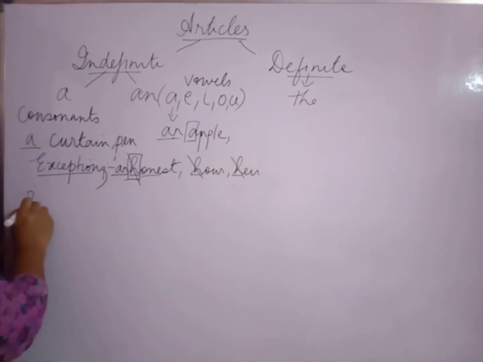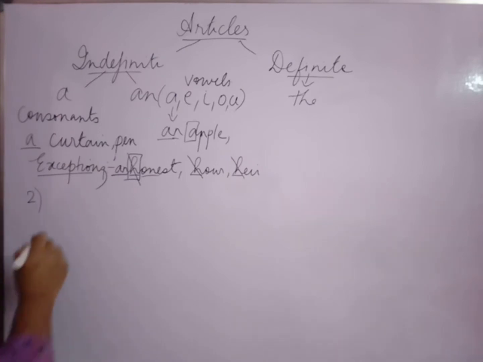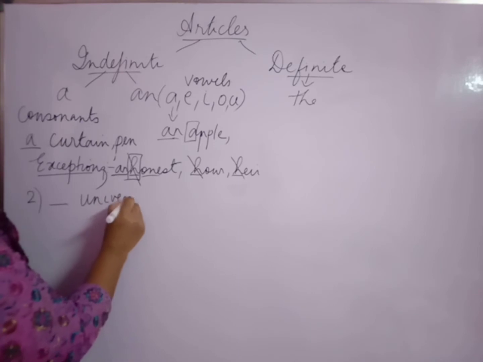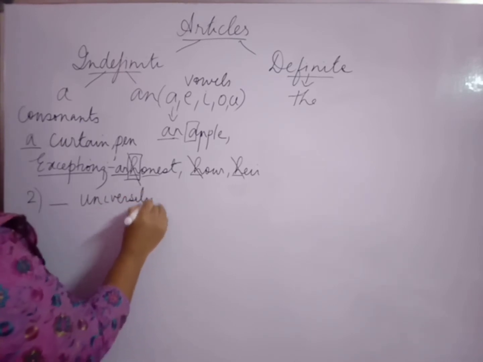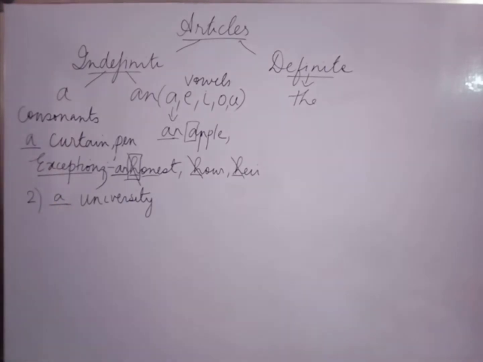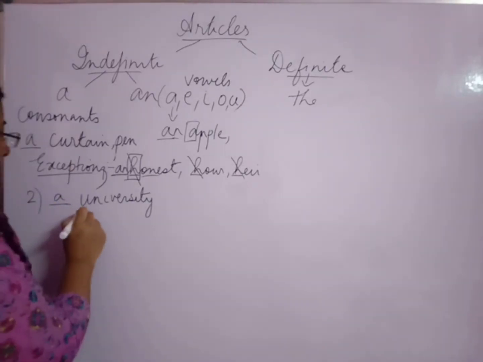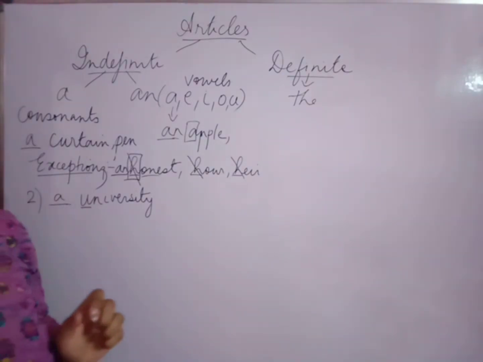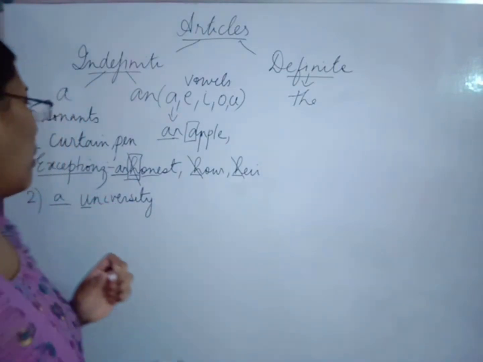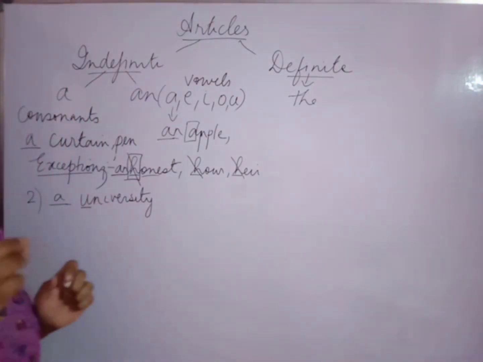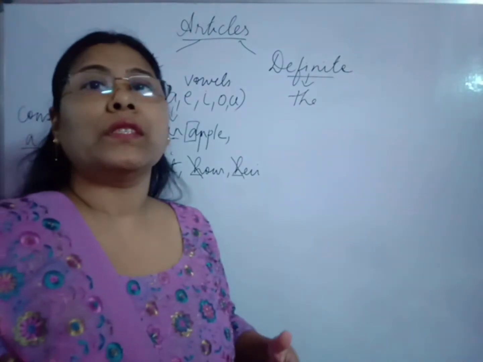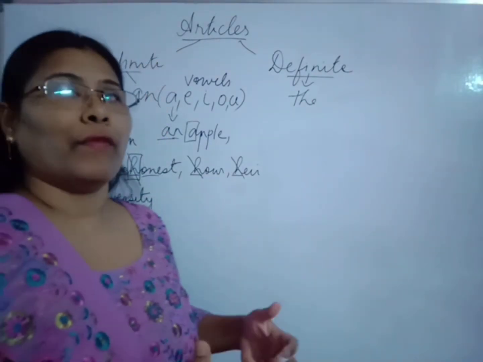Now the next exception is university. We use here a university. Why? Because though university, unicorn, uniform, useful, European, all start with a vowel letter, the sound of these words is a consonant sound.